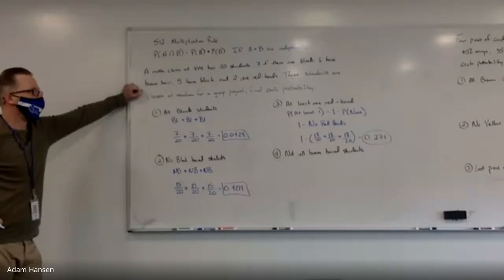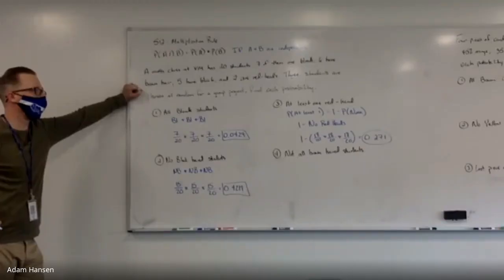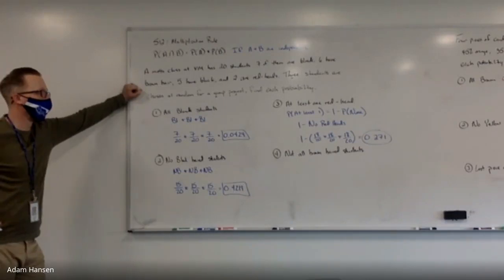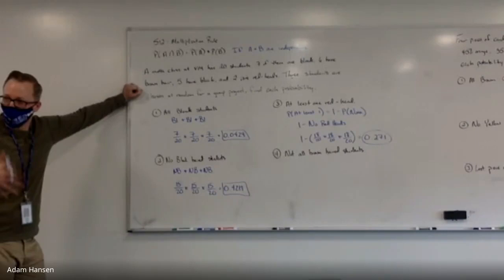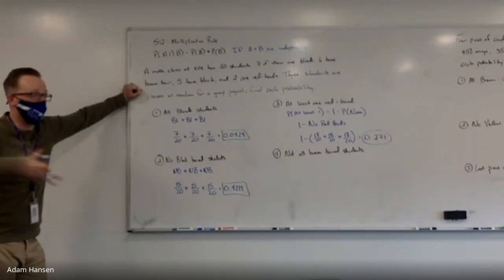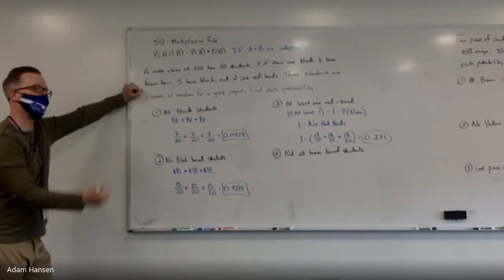Okay. We're going to work with complementary events on line number 4. Not all brown-haired students. If my 3-person group is made up of not all brown-haired students, what could my group potentially look like? It just can't be all brown. It can't be all 3 brown. I could have no brown-haired students, I could have 1 brown-haired student, or I could have 2. I just can't have all 3.